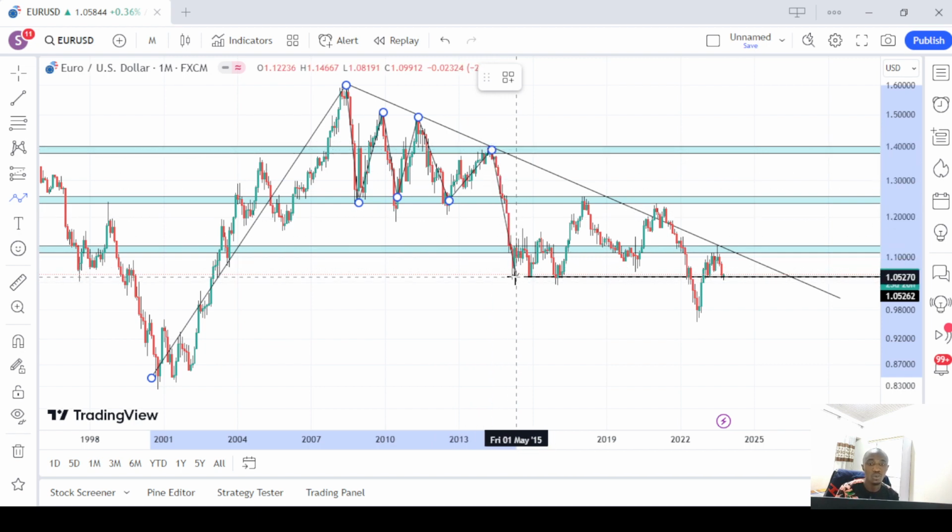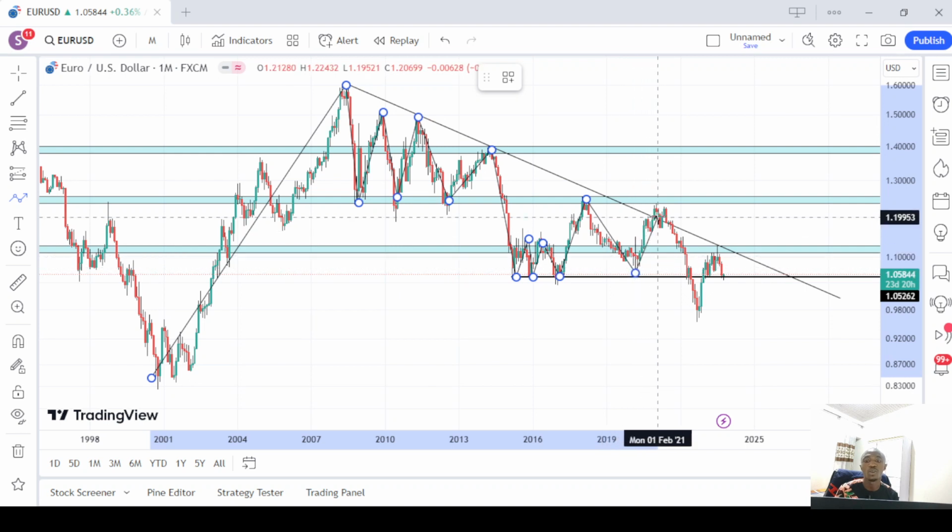This is the structure. This is the market structure that is being formed. Once you are able to pick this structure, you won't have trouble trading.